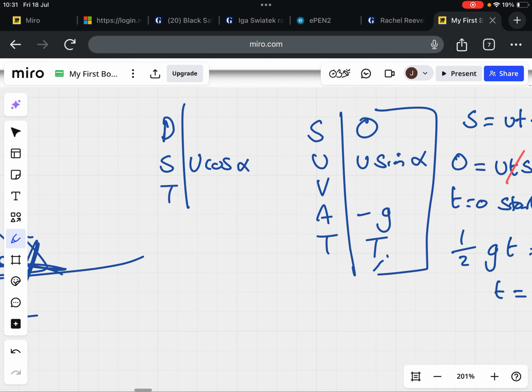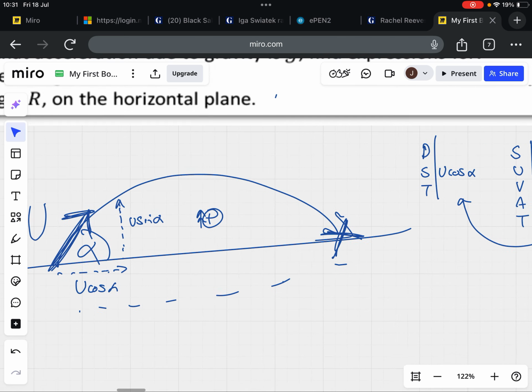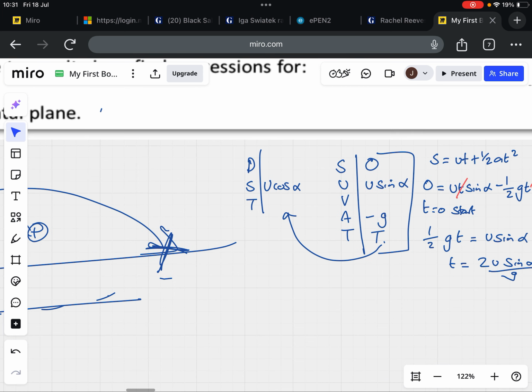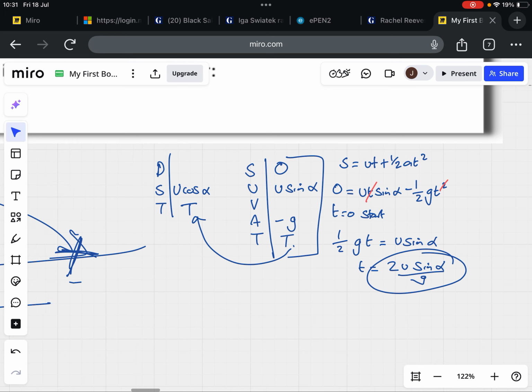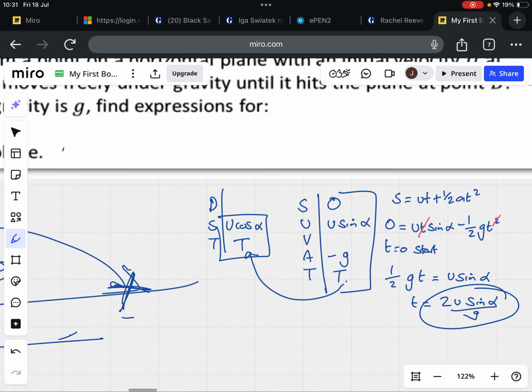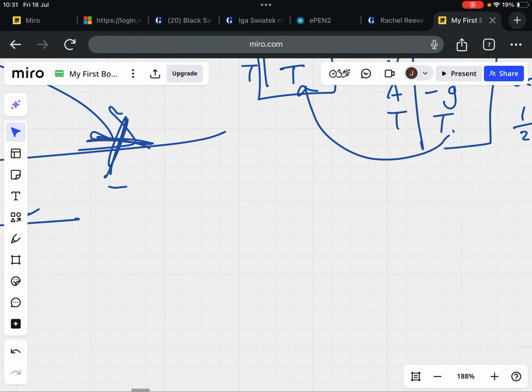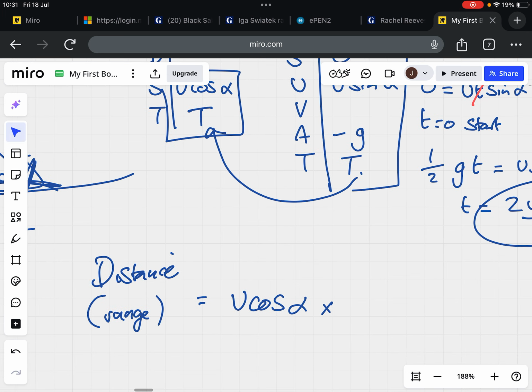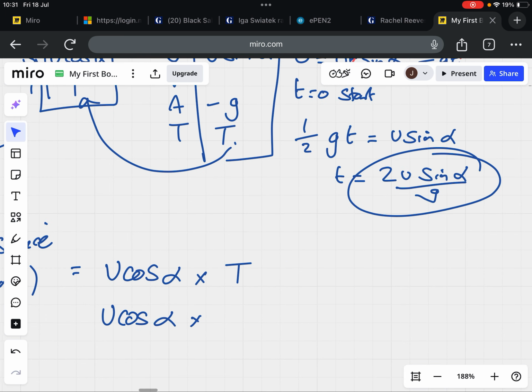Now, what's powerful is, remember again, that t is that t, isn't it? So if we want to know what this part is, well, it's actually quite simple. It's just this same t from before, written like this, times that. So I'm going to say then that the distance, here I mean the range, the horizontal distance, is equal to u cos alpha times t, which is u cos alpha multiplied by all of this stuff here.